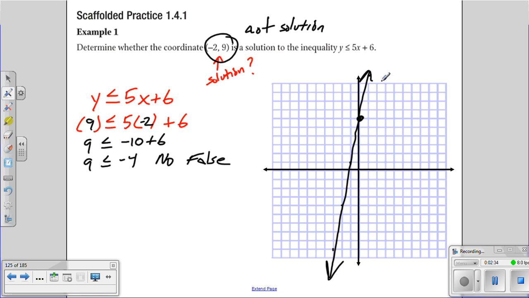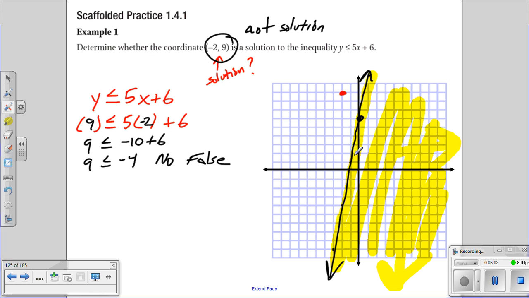Now notice the answer is not just that line. The answer is any point in the yellow region, that line and anything over here, and it goes forever that way and forever that way. Now if we plot the point -2, 9, that point right there is not in the right region.